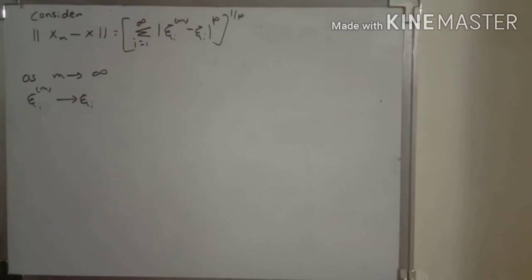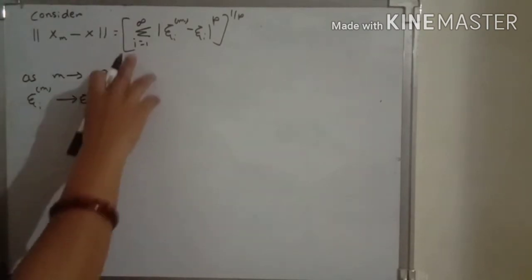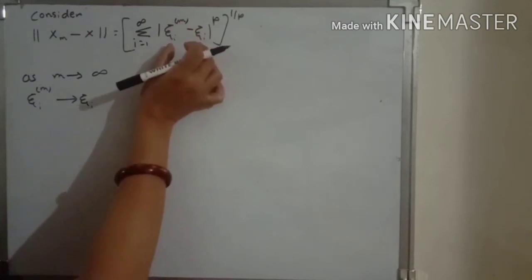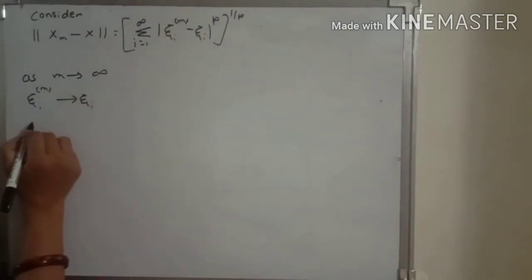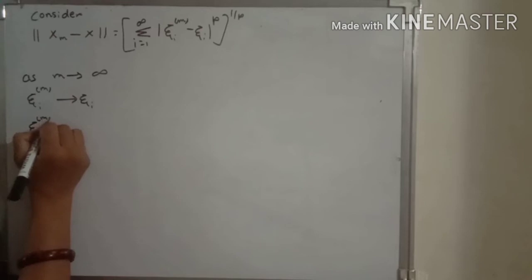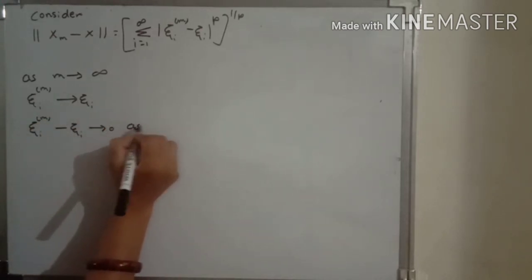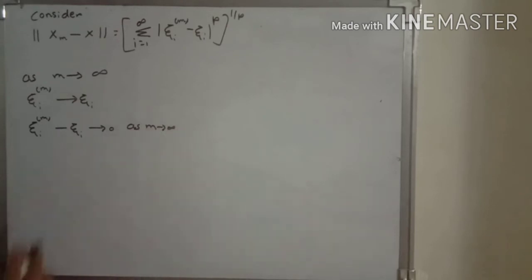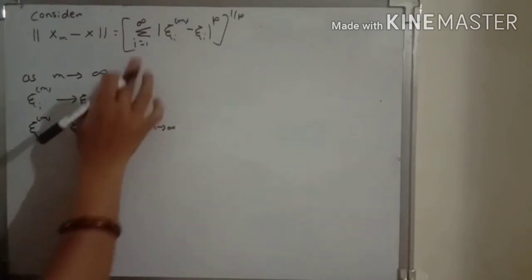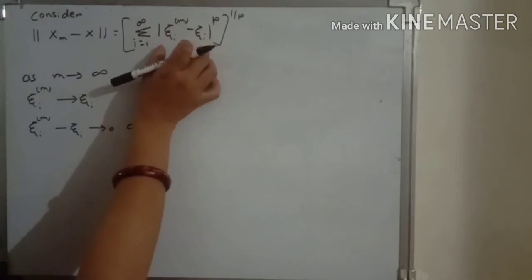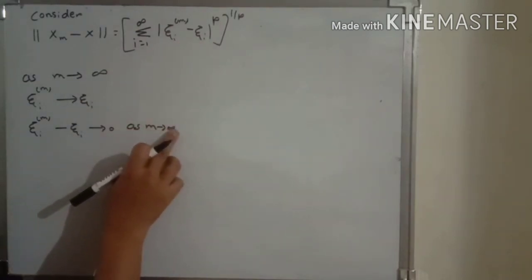Therefore in this summation, mod of xi im minus xi i goes to 0 as m goes to infinity.